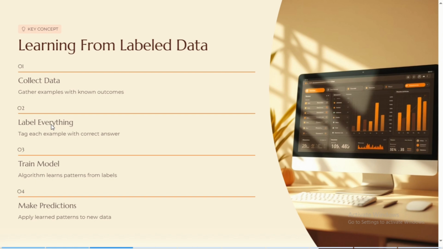The third step is train the model. The algorithm studies the labels and learns patterns. The final and the foremost step is make predictions. Finally, it applies this learning to new unseen data. Without labels, supervised learning simply cannot exist.